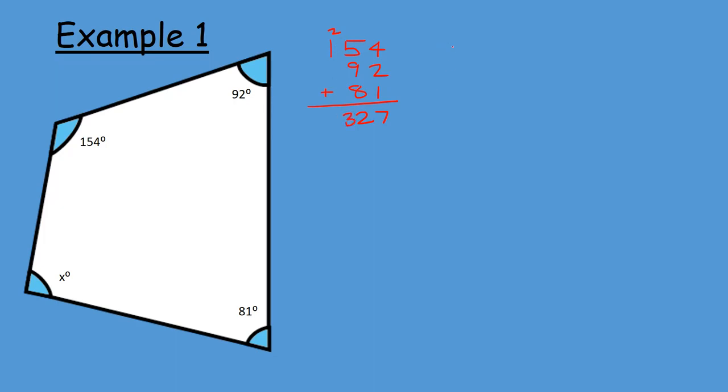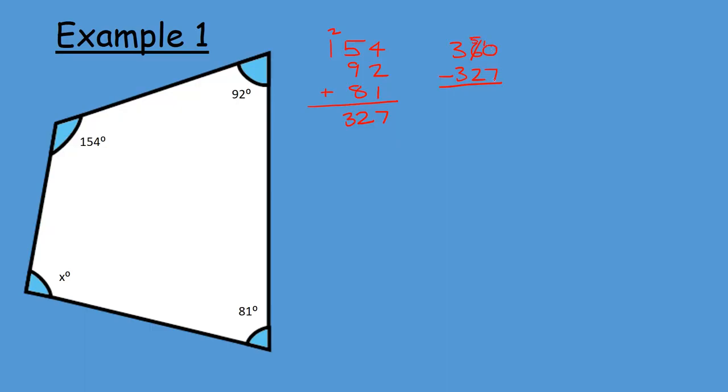And our second job then, a column subtraction. We're going to get 360, and we're going to take away that 327. So I can't do 0 take away 7, so I'm going to borrow 1 from here.